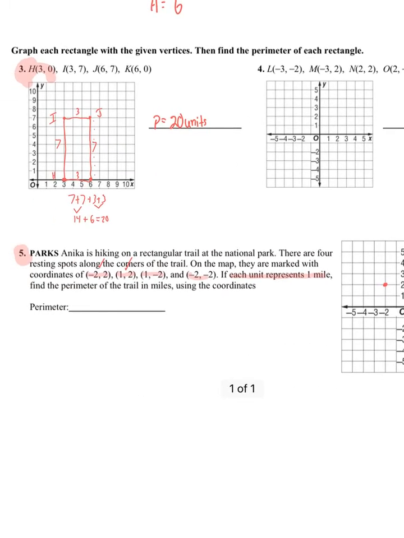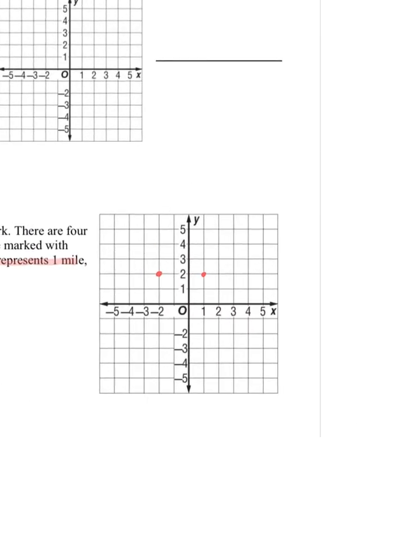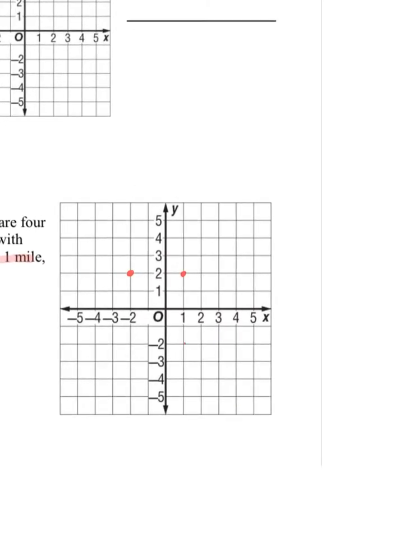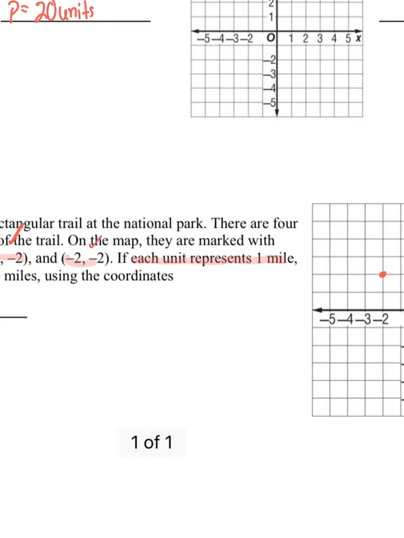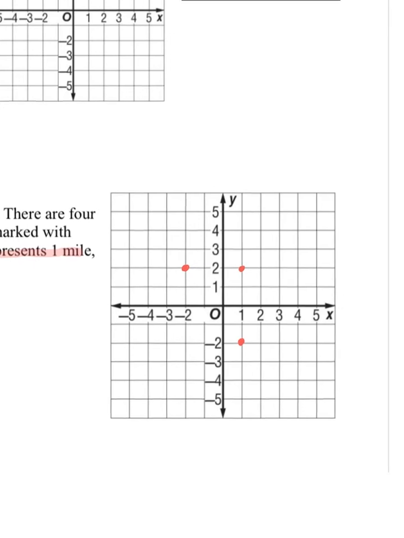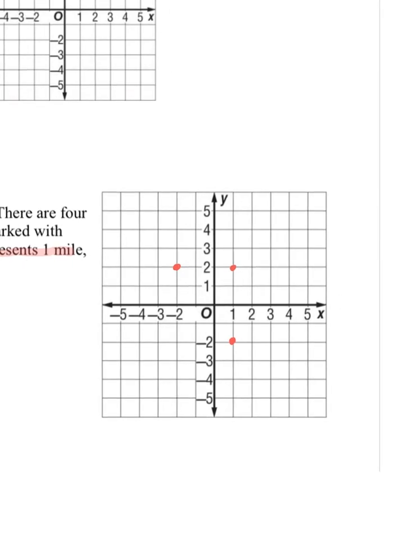And the next one is 1, negative 2. Oops, sorry. Go over to the 1 and down to the negative 2. And the last one is negative 2, negative 2. So go over to the negative 2, down to the negative 2. Okay. Now, graph that rectangle.